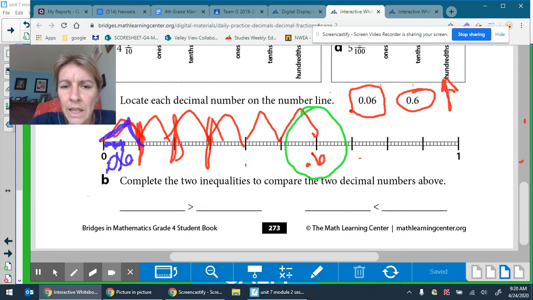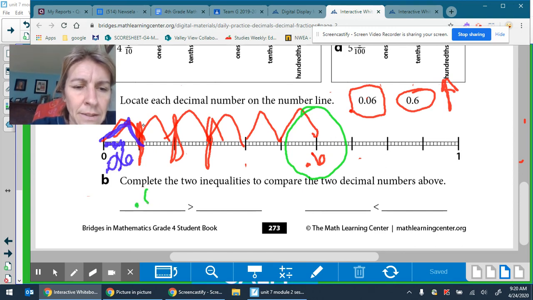All right, so complete the two inequalities. That means these numbers are not equal. They're not equivalent. That's what inequality means. In is a prefix meaning not, so not equal. So complete the two inequalities to compare the two decimals above. Remember, the alligator mouth eats up the greater number. So for this first one, we want to put the greater decimal here.